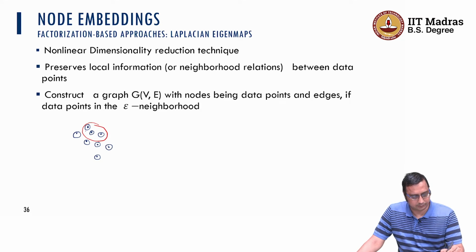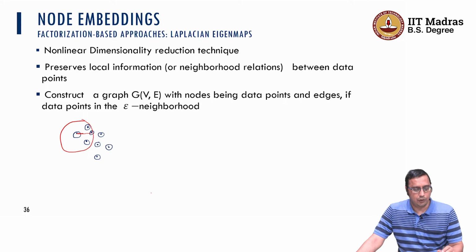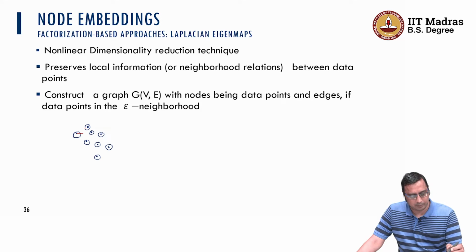For this particular point, I will define the epsilon distance as this one, and I can construct a circle which tells me which nodes should have an edge with it, and I can keep doing it, which provides edges between different points.